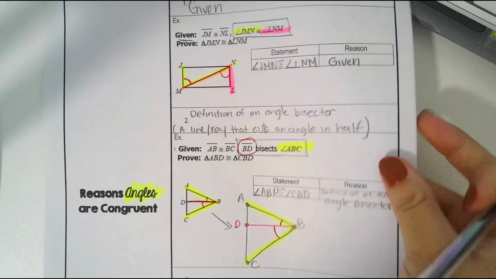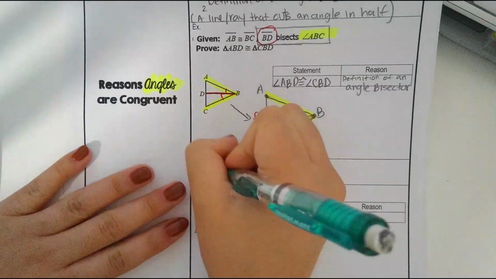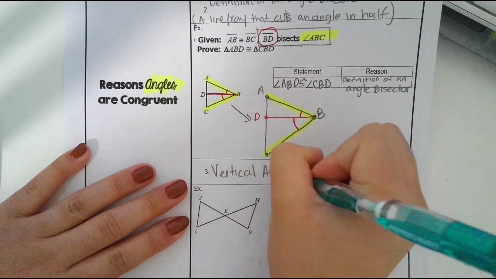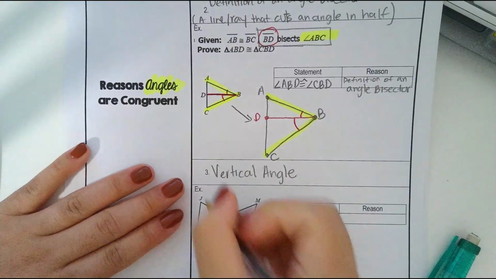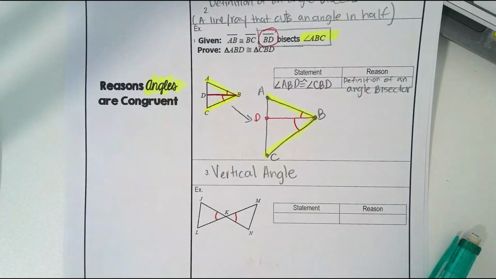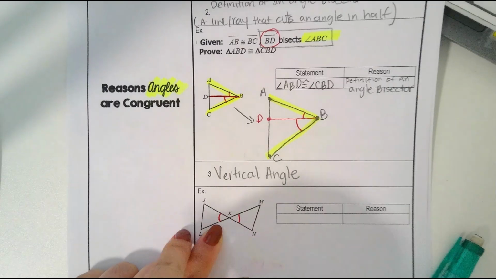Okay, and then the other one that we need to go over is vertical angles. So whenever they give you a diagram, you always need to step back and look for these types of angles. Angles that are crossed, those are called vertical angles. And if you're able to identify these angles on a picture, you need to say, oh, those are vertical angles, therefore they are congruent.